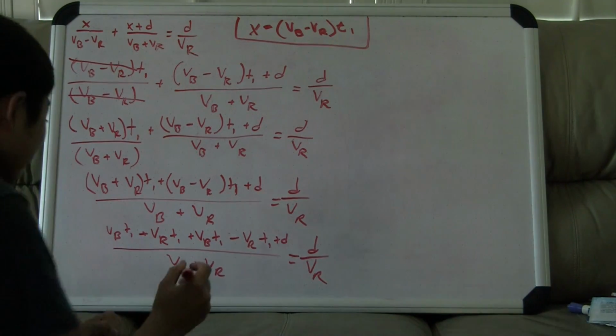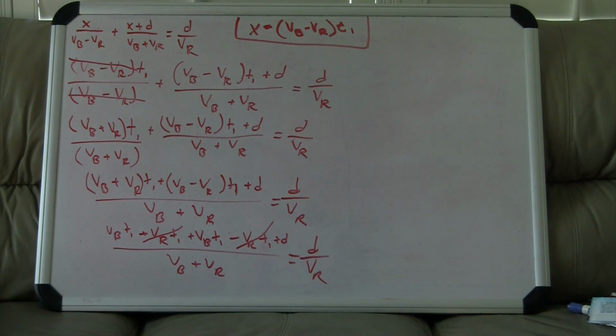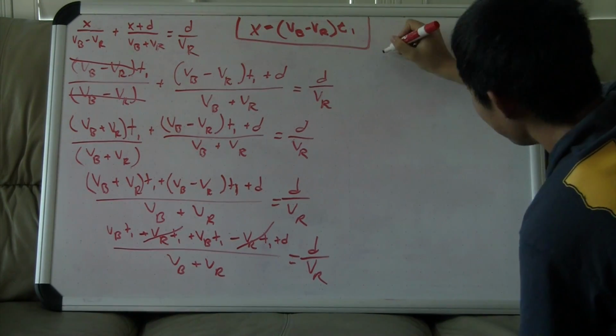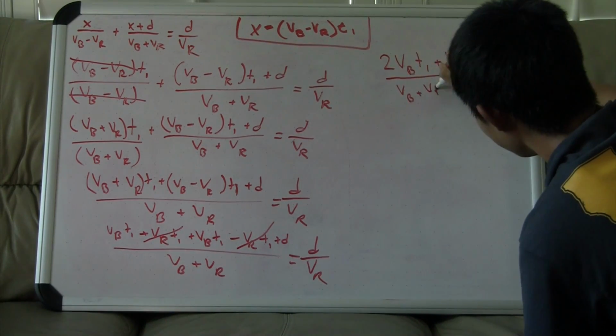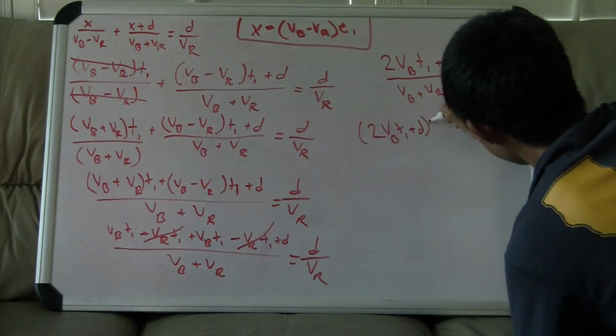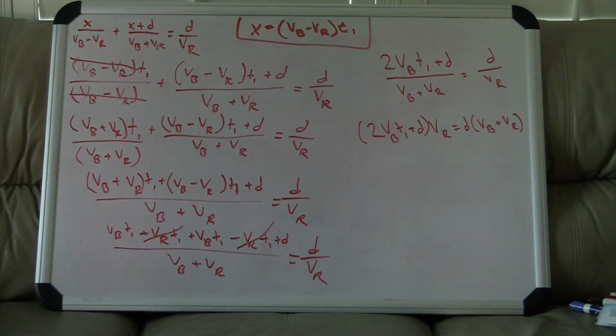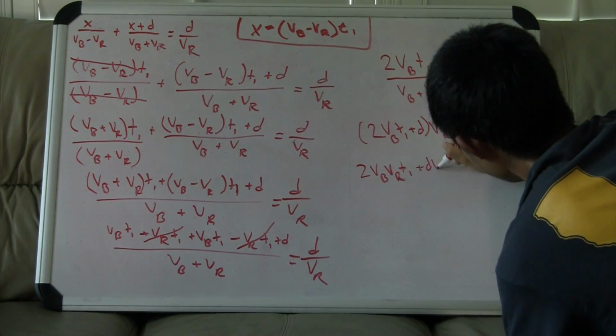Now we can see that the VRs can cancel out. Next we can add the VBT1s together to get 2 VBT1. Next we cross multiply the equation. Next we distribute both sides of the equation.